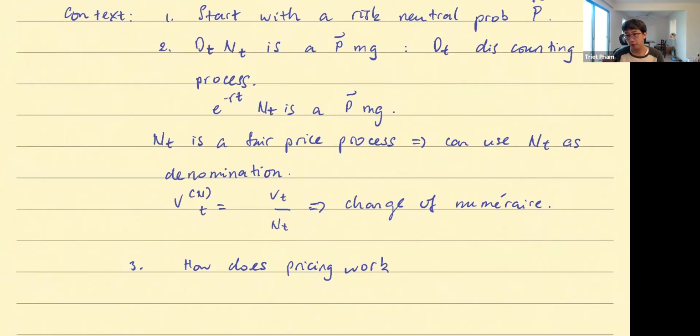One is the abstract level, where you connect the future to the present with a conditional expectation. That's the abstract framework. And the other is a more formulaic framework where you ask, with that connection, how do I write down a computation, a formula? So when I say how does pricing work, what I mean is more like the abstract framework, under the change of numeraire, with the new numeraire.